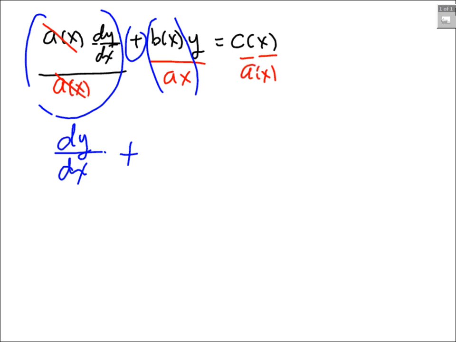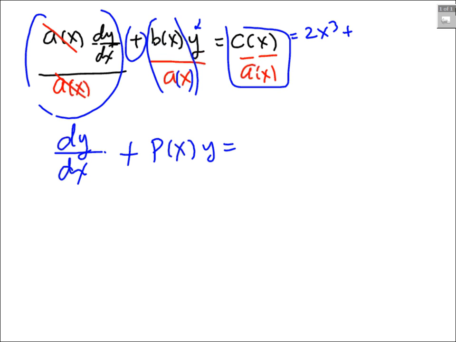So you're going to have some function of x, b of x over a of x, which is some function of x. I'll call that p of x, times the y. And this fraction is some function of x, c of x on top, a of x on the bottom. c of x might be 2x cubed plus 4x minus 11, and a of x can be pi times x to the e minus 4 ln of x plus 13.